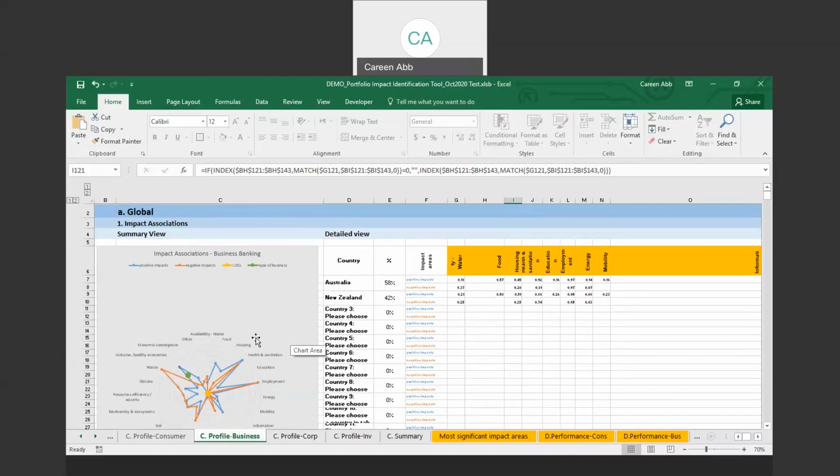So in addition to this, you're seeing a tracking of any LDC presence and also any portion of the business that is associated with SMEs.